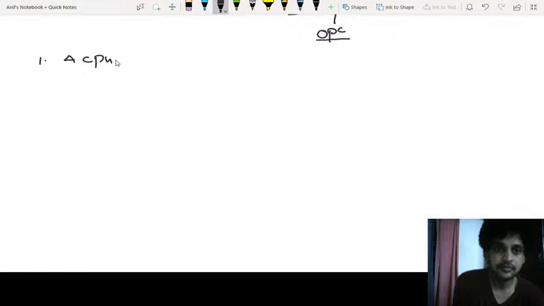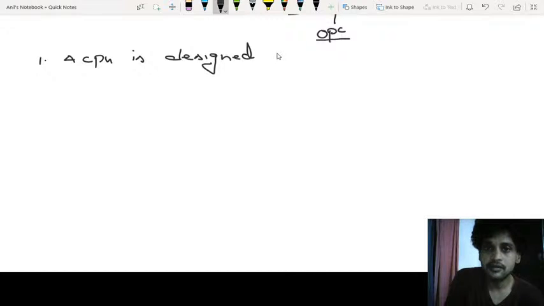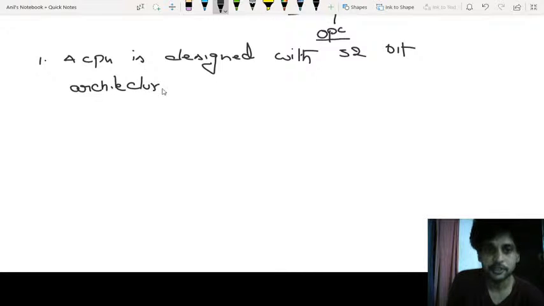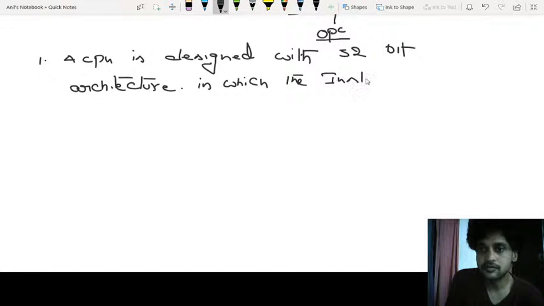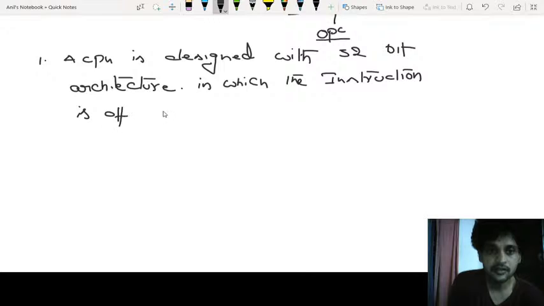A CPU is designed with 32-bit architecture, in which the instruction is of one word. One instruction is of one word.